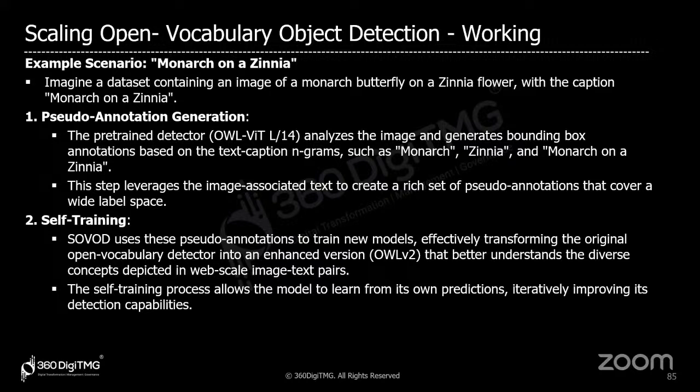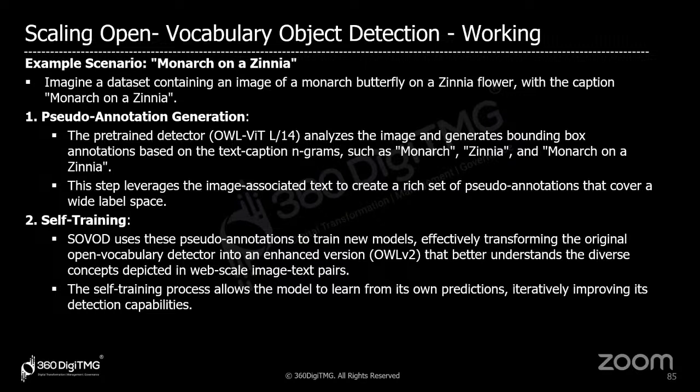It is using a pre-trained detector, a vision transformer L14, which will analyze an image and generate bounding box annotations based on the text captions, like n-grams. So this step will leverage the image associated text to create a rich set of pseudo annotations that will cover a wide label space.